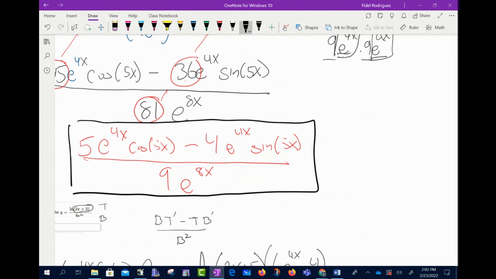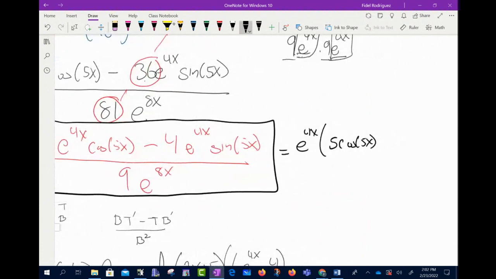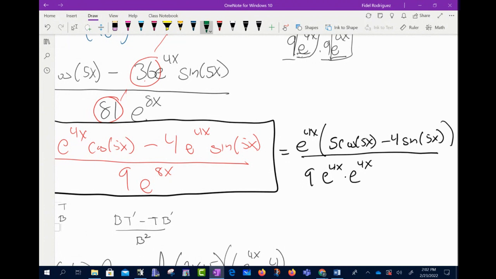In the problem we did right before this one, couldn't we have said, look, if we factor out an e to the 4x on the top, I'm left with a 5 cosine of 5x minus a 4 times the sine of 5x, and I can think about that as a 9 e to the 4x times another e to the 4x, and then we can drop one of those e to the 4x's out, right?